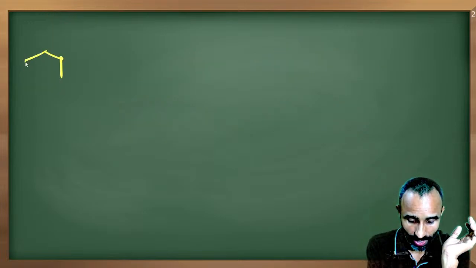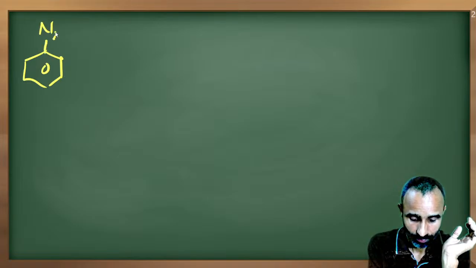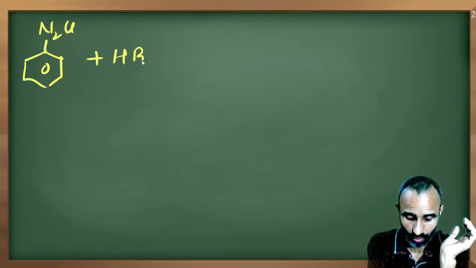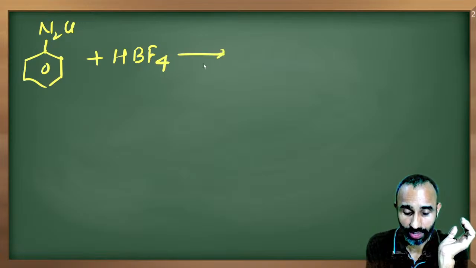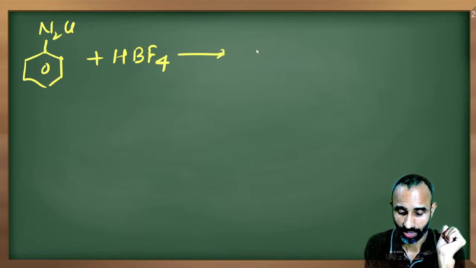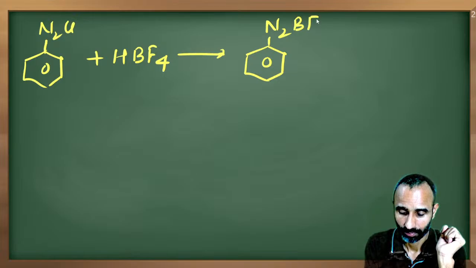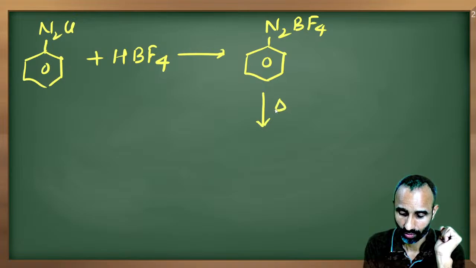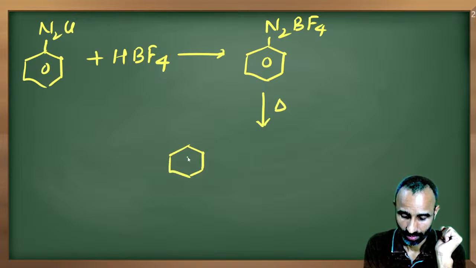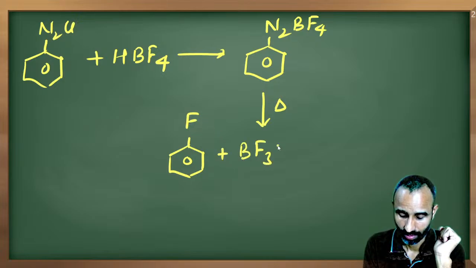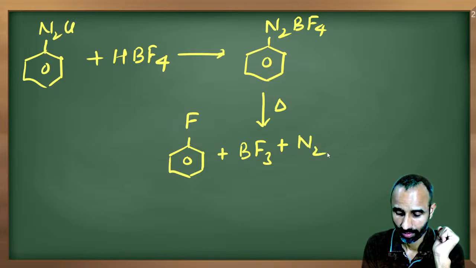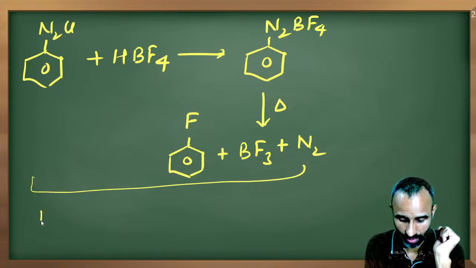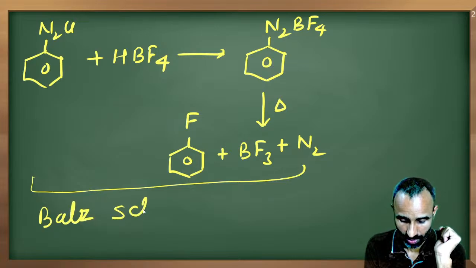Next, to get fluorobenzene, first we treat it with HBF4, we get C6H5N2+BF4-, which on heating gives fluorobenzene, BF3 and N2, and this reaction is called the Balz-Schiemann reaction.